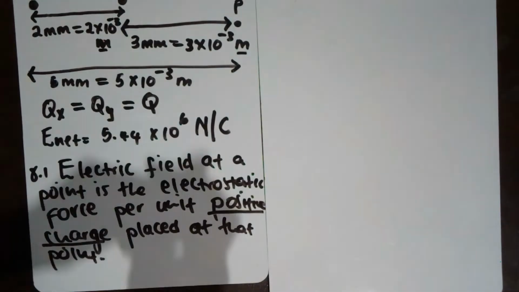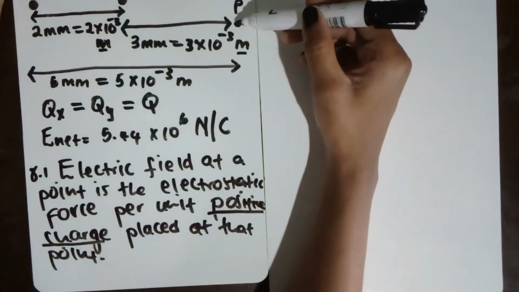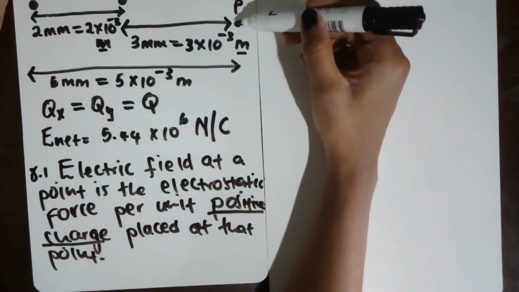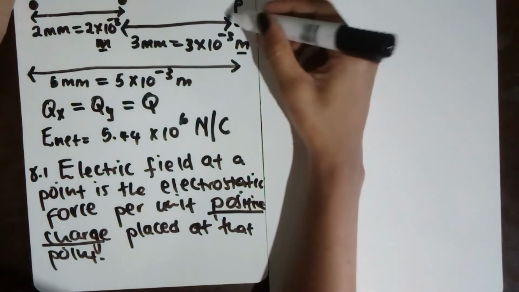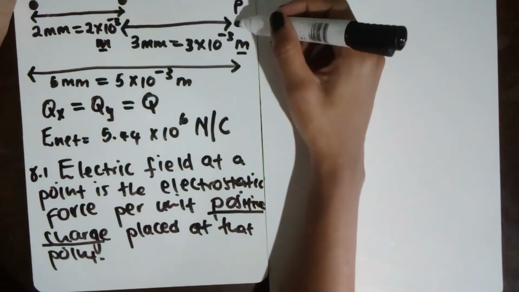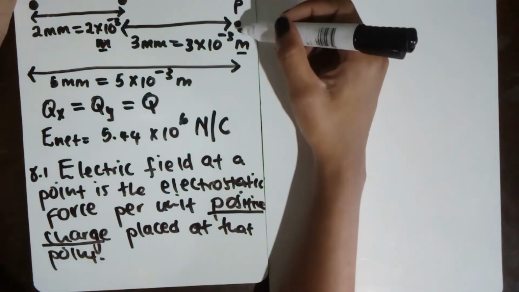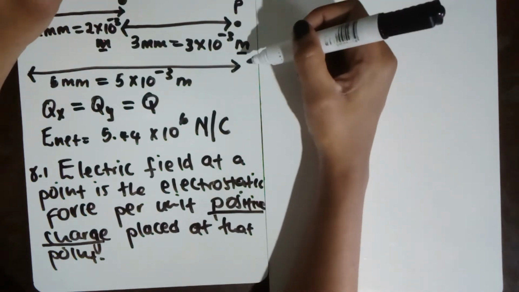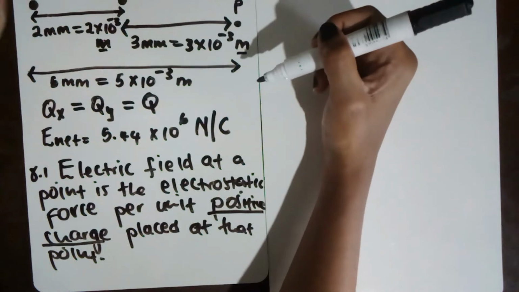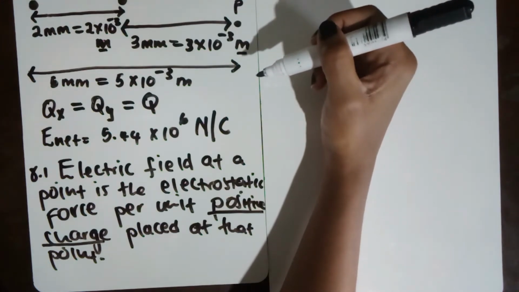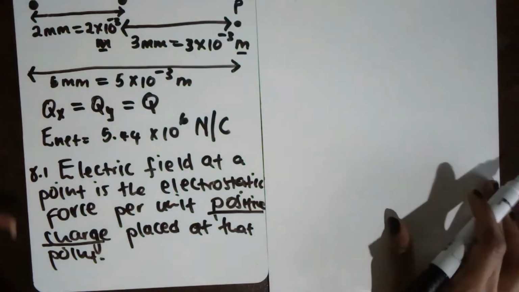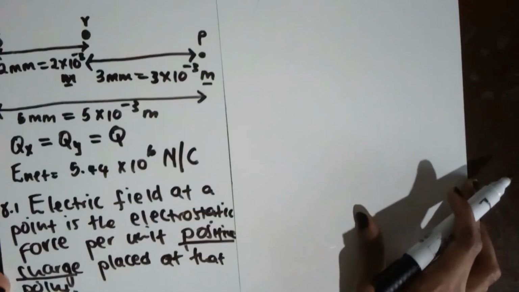So the electric field at this point will be the electrostatic force per unit positive charge. It means that we have to assume that this point here is a positive charge, right? It's going to be important when we're doing the calculation, especially in terms of determining whether our charges are negative or positive, right?